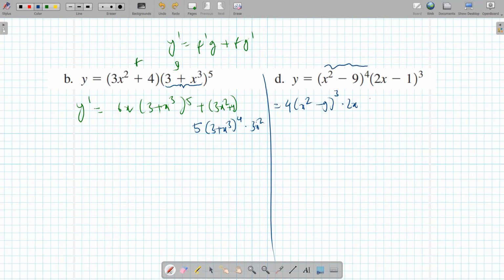We need to multiply this with g, plus f as it is, so (x squared minus 9) to the power of 4 times, what's the derivative of g? 2. No, it's not 2. It's not 2 because there's a cube there, you see?